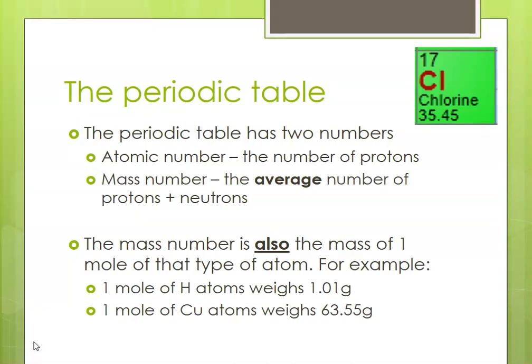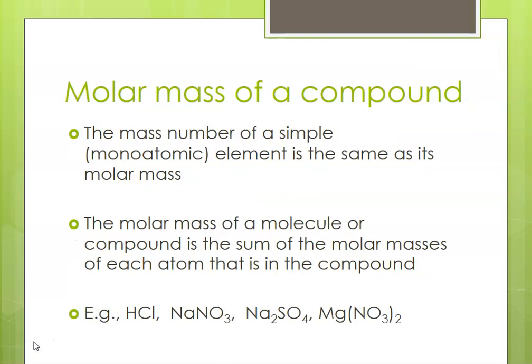So that's all well and good. I can work out the molar mass of any element by looking at the periodic table. But most of the time in chemistry, we're not looking at elements, and certainly not just simple atoms. If I have a compound or a molecule, it could be a molecule of an element, any substance that contains 2 or more atoms, which could be of the same type or different types, I can still work out the molar mass of that substance.